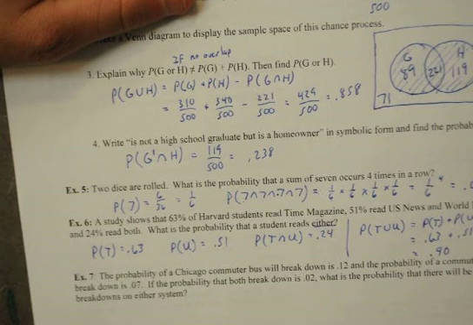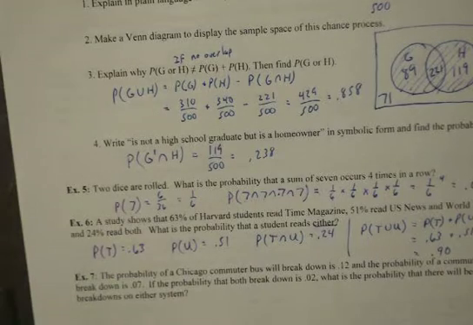0.90 something. Let me add that up. Can't read my own writing. 0.90. Just 0.90. There we go.